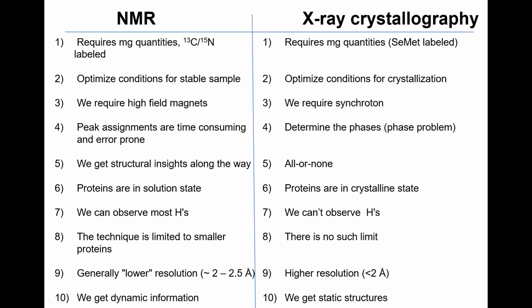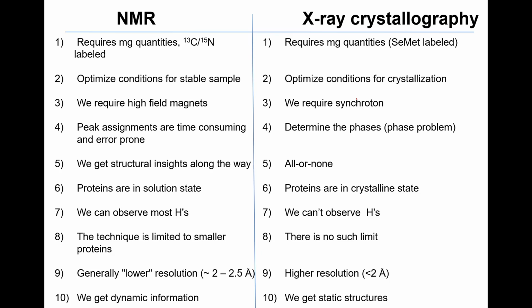So that is the sample preparation. Also, one thing is that these 15N and 13C labels, especially the 13C atoms, are very costly because they are found in a very small amount in nature.